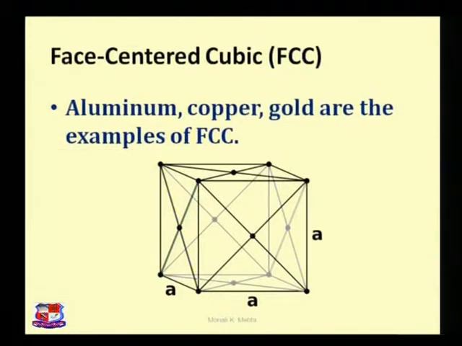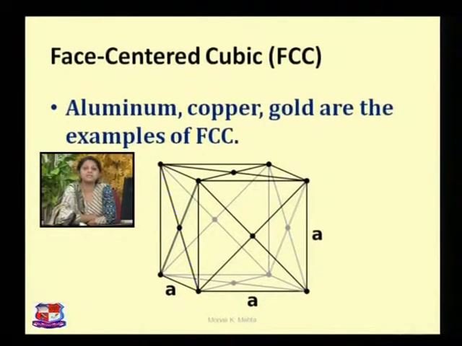Face centered cubic close-pack. In face centered cubic, 8 corners are occupied by atoms, and 6 faces are also occupied by atoms. So, in face centered cubic, there are 14 atoms. Aluminium, copper, and gold are examples of face centered cubic.